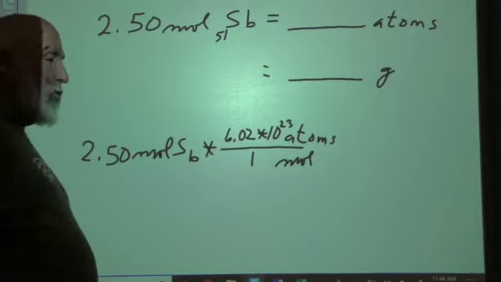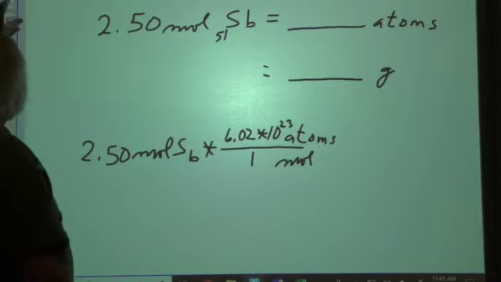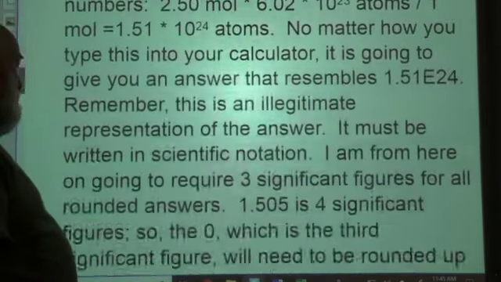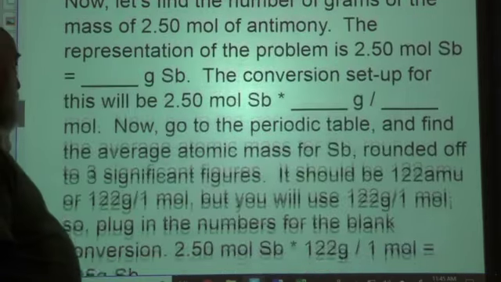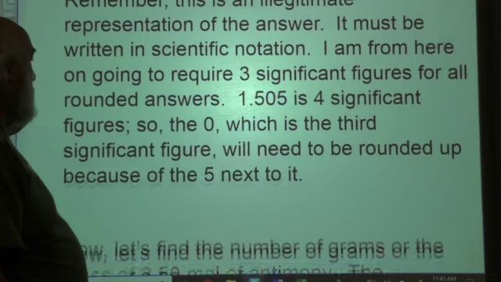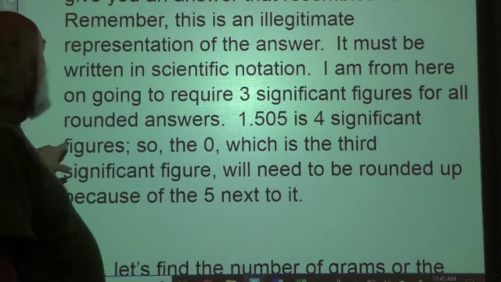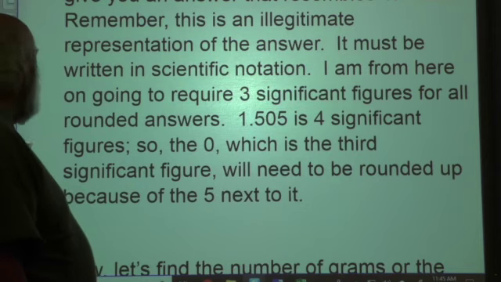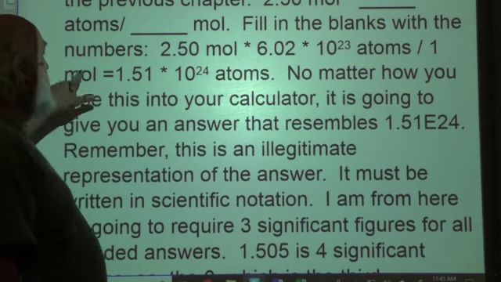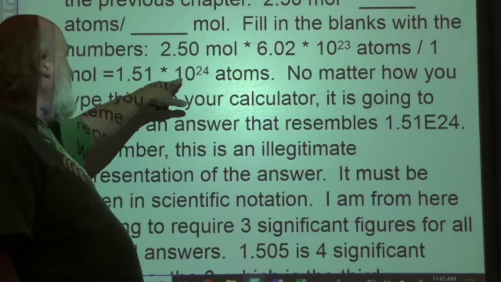So we'll put a 1 by the mole, and 6.02 times 10 to the 23rd. On your calculator, go ahead and punch that in. When you do that, you get an answer of 1.505 times 10 to the 24th.